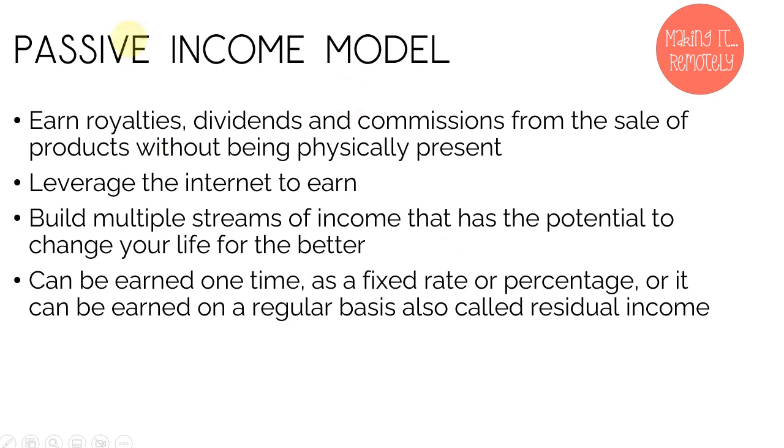So when you're using the passive income model, people earn royalties. For example, if you're someone who writes a book and you go to a publisher, they publish your book, you get royalties as long as that book continues to sell. If you're a musician and you have an agent and they get a deal brokered for you that enables you to earn royalties each time your music is played in a certain venue, whether that's the radio or in person or whatever, you're going to be able to earn royalties.